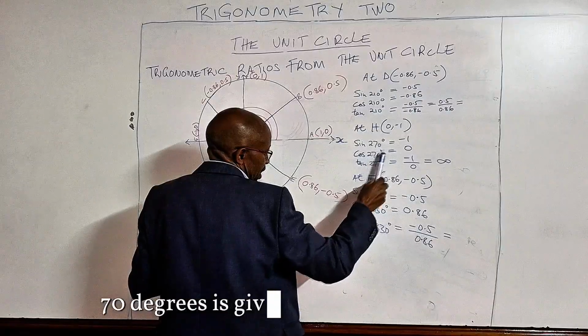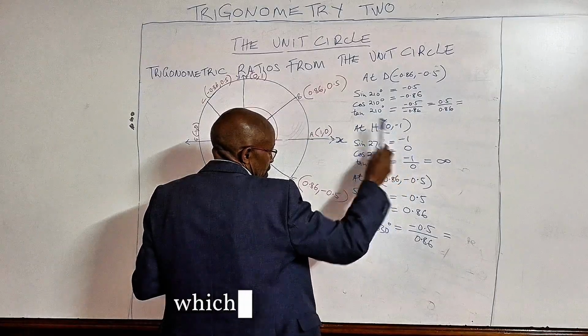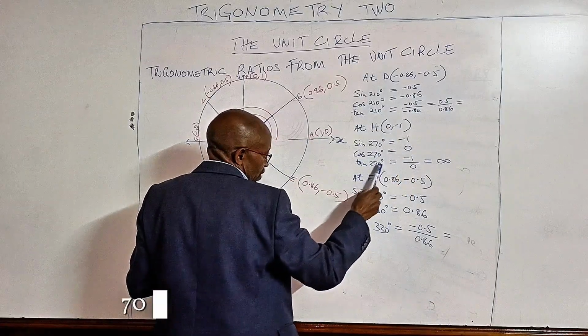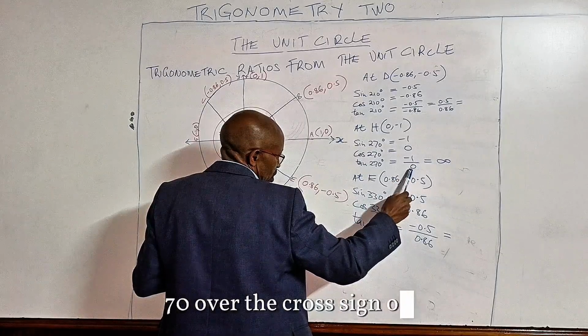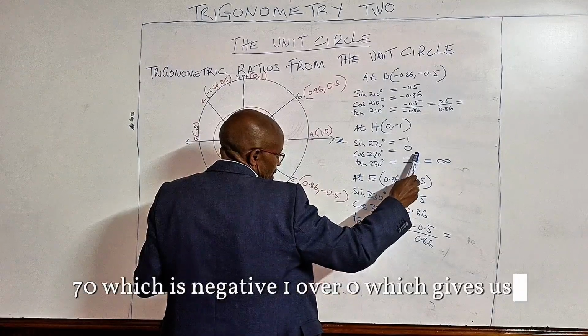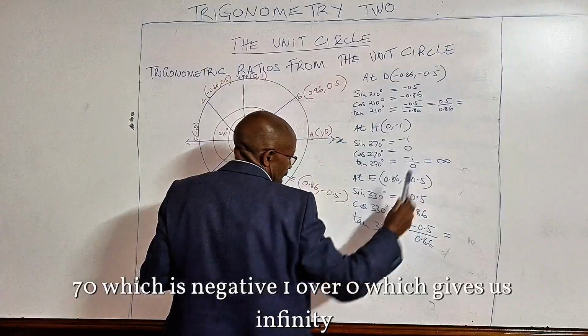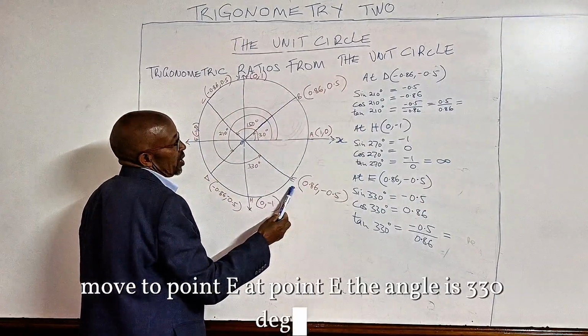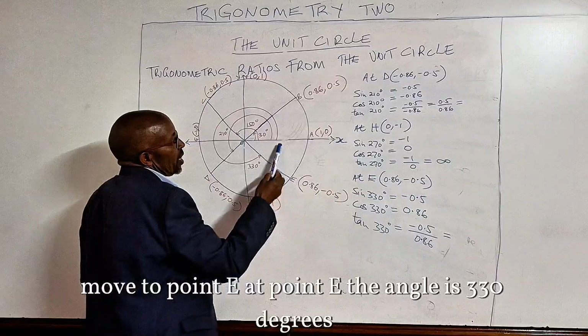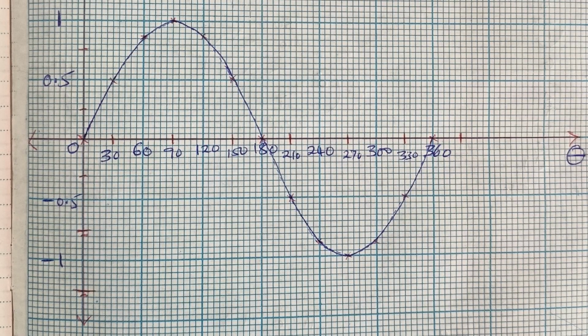The cosine of 270 degrees is given by the x coordinate, which is 0. The tangent of 270 degrees is the sine of 270 over the cosine of 270, which is negative 1 over 0, which gives us infinity. Move to point E. At point E, the angle is 330 degrees.